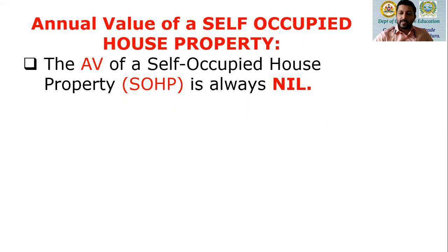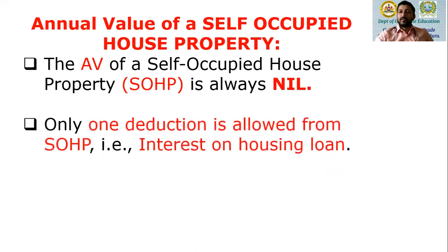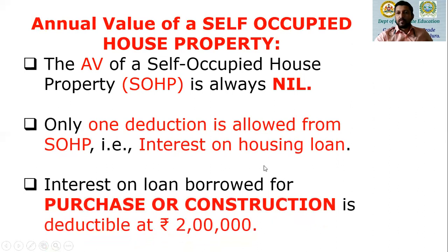There is only one deduction which is available from a self-occupied house property, and that is interest on housing loan. But there are certain rules, certain conditions that the assessee has to follow. Only then is this deduction of interest on housing loan available from self-occupied house property.